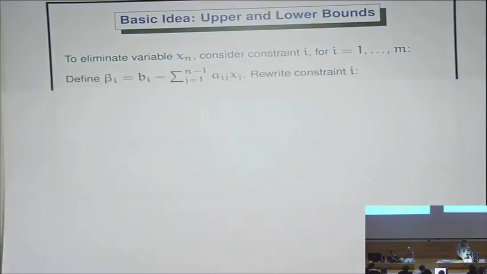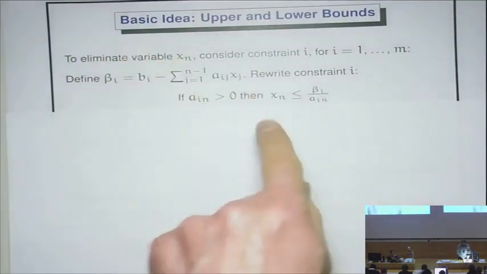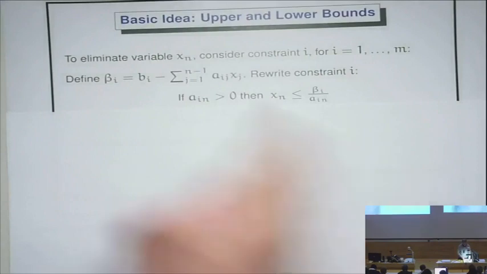So the idea is to rewrite these things. So we rewrite every constraint in this form. See, the idea here is to isolate variable xn. So xn, I guess, is the last variable. I think when I do this informally, I'm going to do it in the way that gives me the shortest proof because I'm lazy.